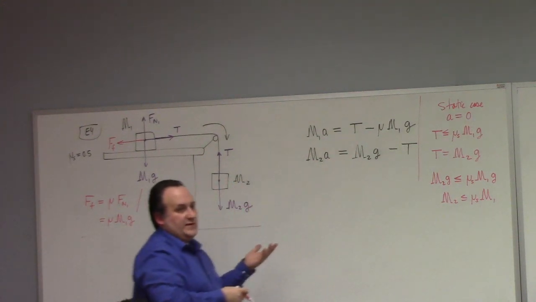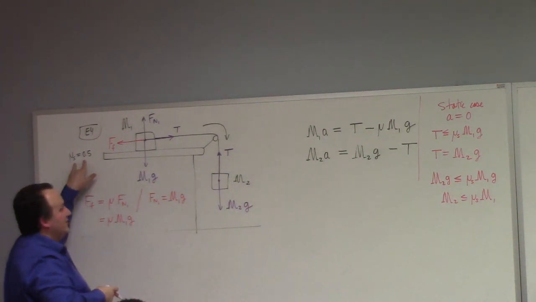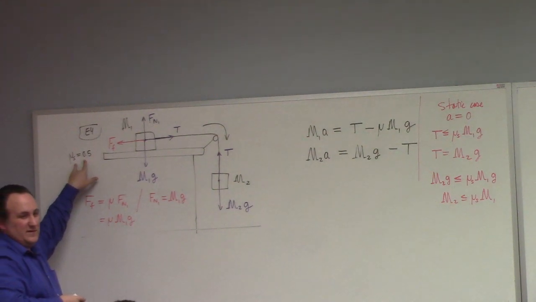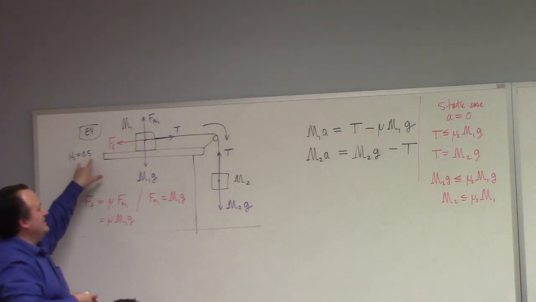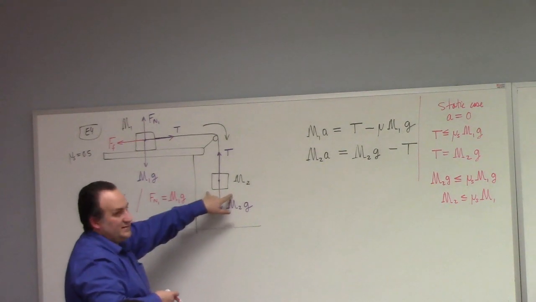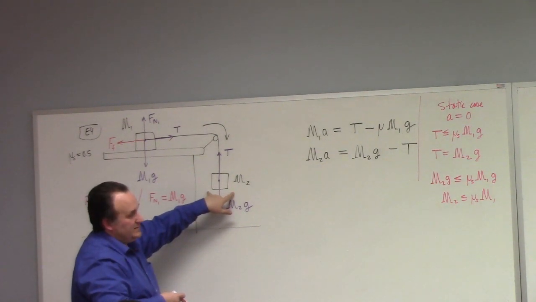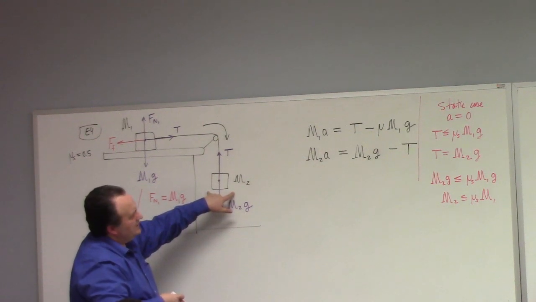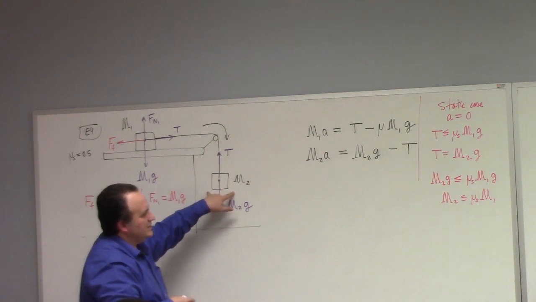So what's the situation here? As I set it up, if mu s is actually 0.5, what's the maximum mass you can have hanging off here before it starts sliding? Twice m1? It goes the other way around, doesn't it?